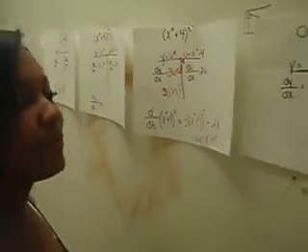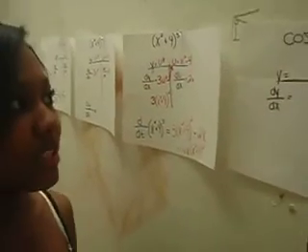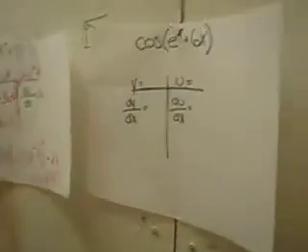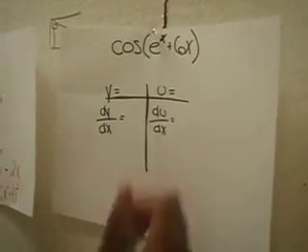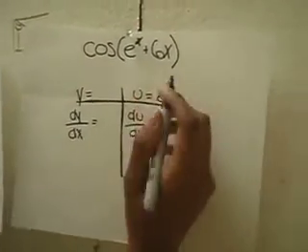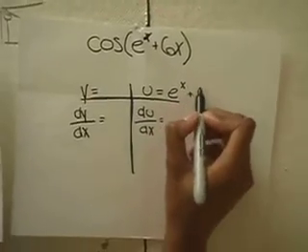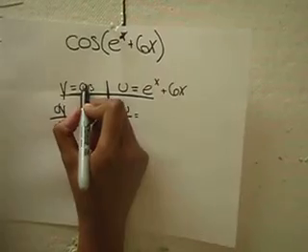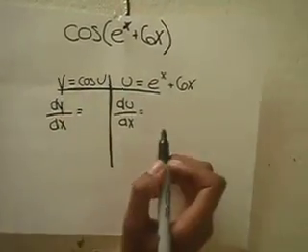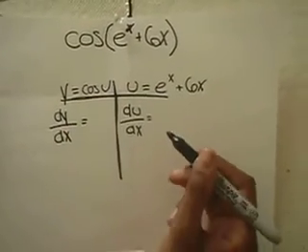Another example is if you use cosine of e to the x plus 6x. Now here, u is e to the x plus 6x, and y is cosine u. Now here, again, you have to find the derivative.